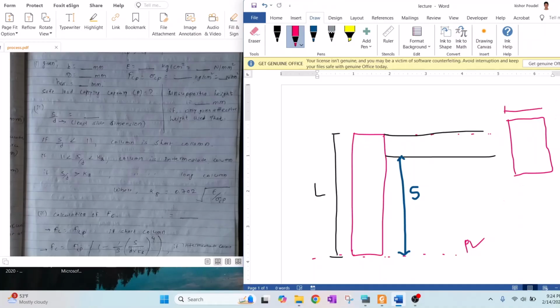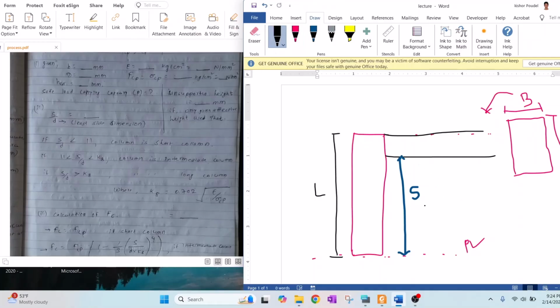This length is B and this length is D. That means you have to take this side length while calculating the slenderness ratio. S by D is the slenderness ratio, or unsupported length by least side dimension.